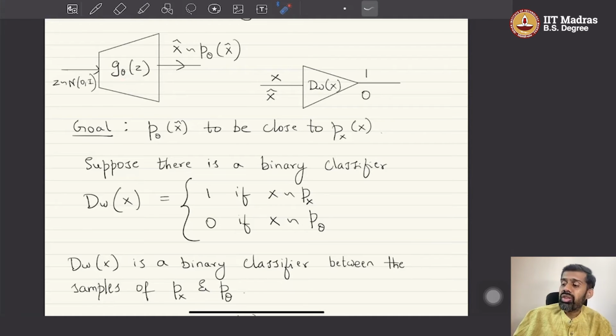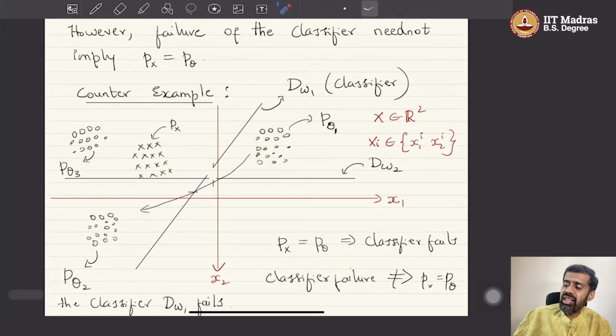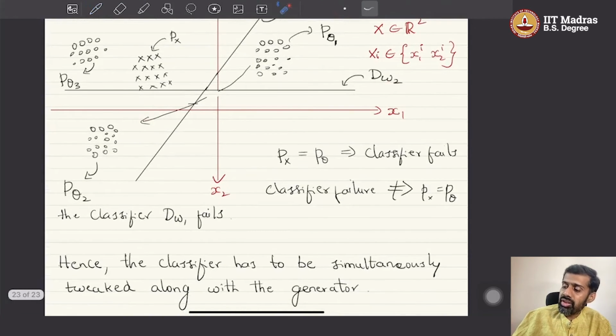Now we saw that if you fix the classifier, then it is very easy for the optimization to simply find a theta such that the classifier fails but p theta is not equal to px, right? When the distributions become equal to each other, the classifier would definitely fail. However, the classifier failing does not mean that px is equal to p theta.